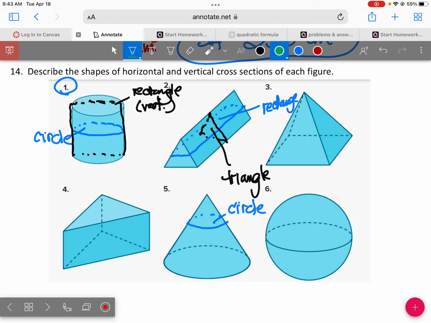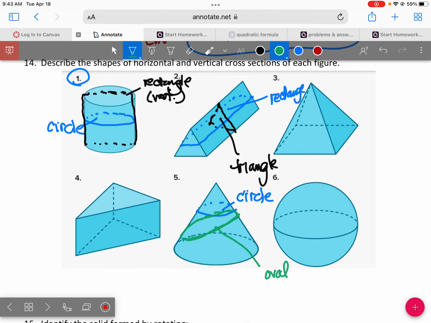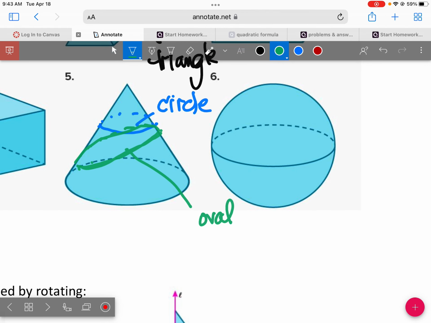What if, and this is an important one, what if I do a slanted slice right here? What do we call this thing? It is an oval. Can anyone give me the mathematical term for oval? There's a mathematical term. Why not just call it an oval? I don't know.